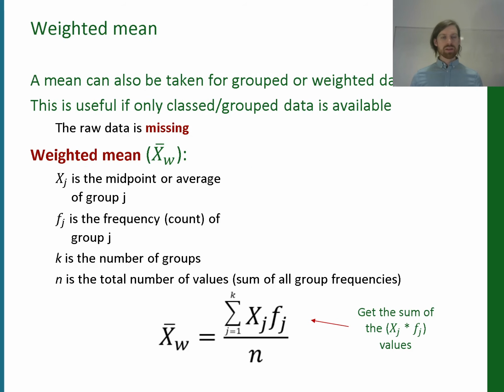The weighted mean, okay, so maybe we only have data, so let's say that we have the temperature data by month, and that means that we don't have the daily temperature, we just have an average temperature for the day. What we might want to do if we then wanted to get the average temperature for the year is actually weight the contribution of each of those monthly temperatures based on the number of days that we've got in each month, so that it provides a weighted contribution to the overall metric.